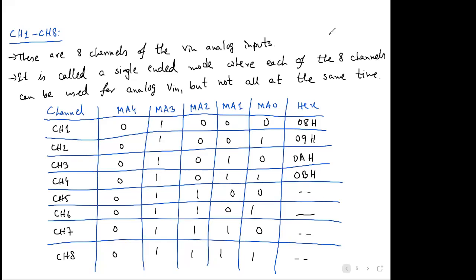Say in channel 2, you have connected a humidity sensor. In channel 3, say you have connected some other sensor. So you can select which channel you want to convert the data from. Say first of all, you are reading data from channel 1. Then you finish the conversion. After that, you go to channel 2. So how do you select these channels? These channels are selected based on the values in MA4 to MA0. Is it okay now? Okay, sir.